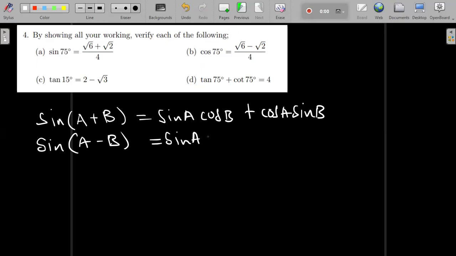So it will be sine A cos B minus cos A sine B.